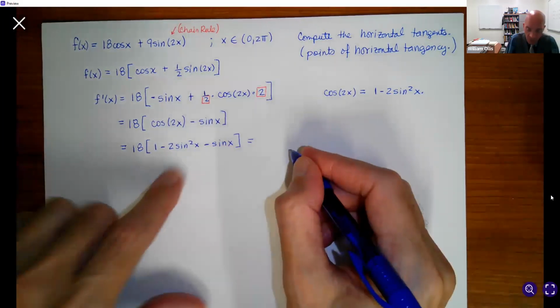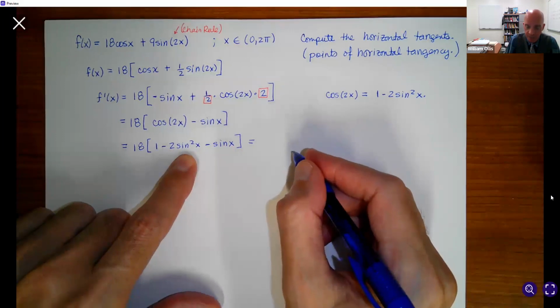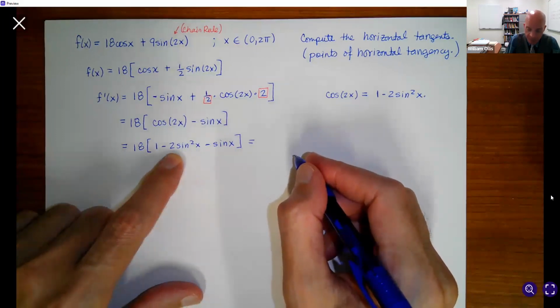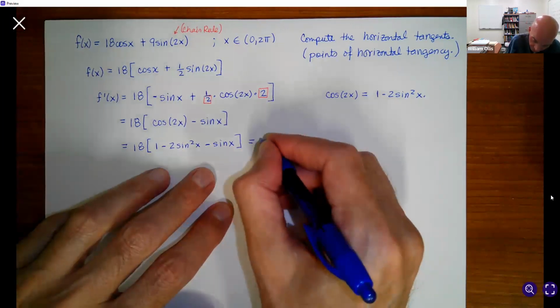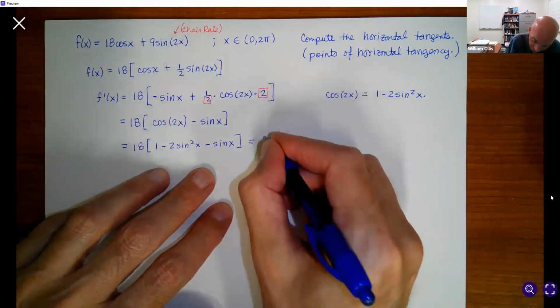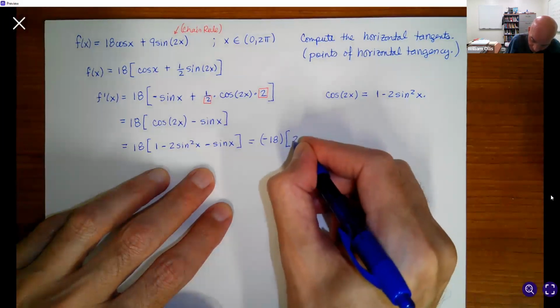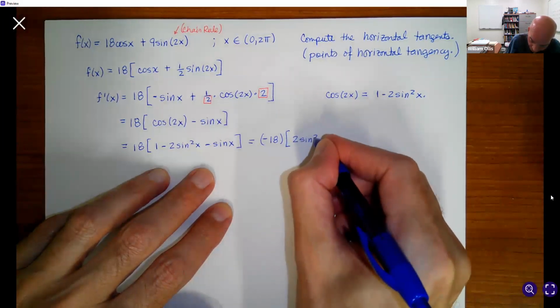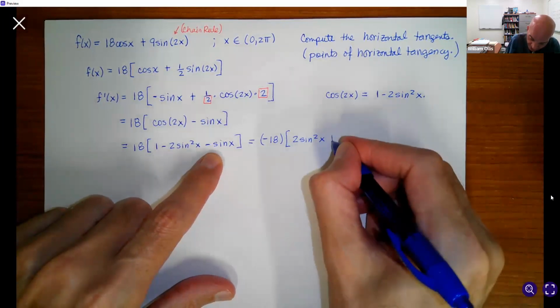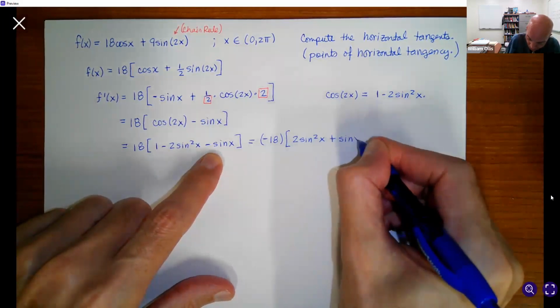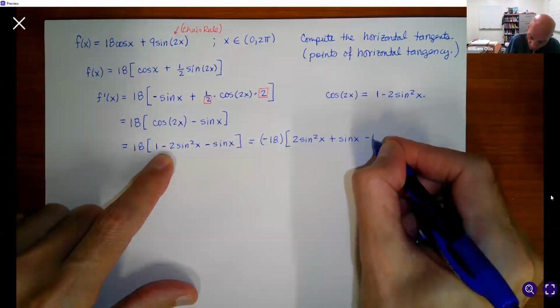Now, we always like leading coefficients to be positive. And then, of course, this looks like this will factor. So I'll just leave the 18 where it is. So we have minus an 18. And we have 2 sine squared. And of course, we're factoring the negative. So this gives us plus a sine x. And then clearly minus a 1.